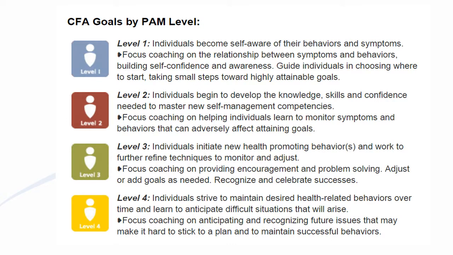And then 3 and 4, again, are ways in which we can interrelate with individuals who are higher in their activation level to help them to increase their information around their condition and their maintenance plan.